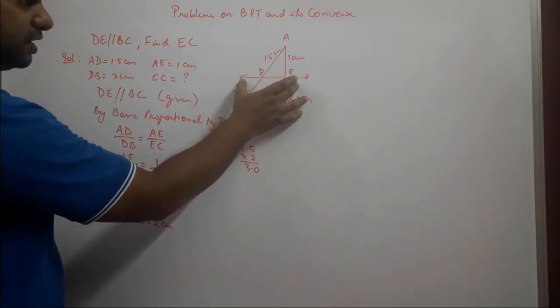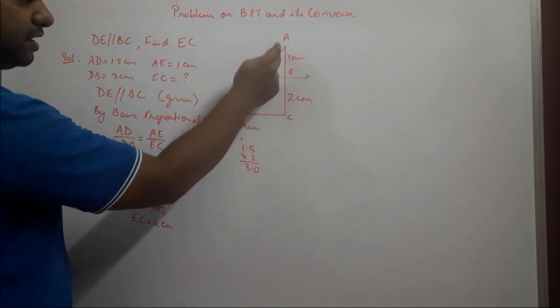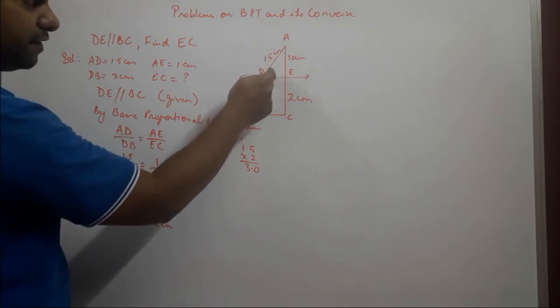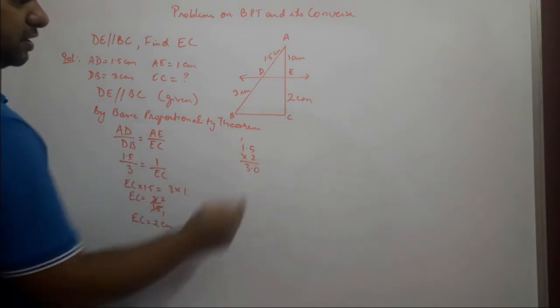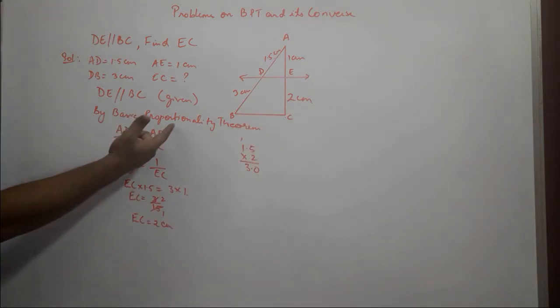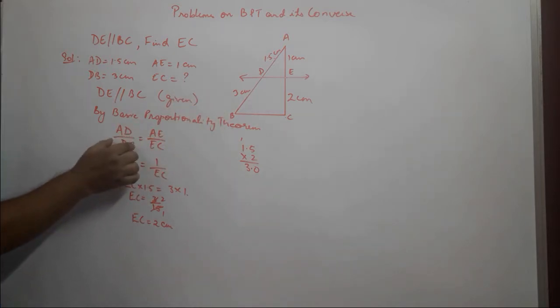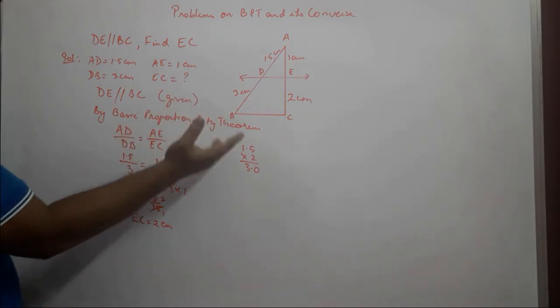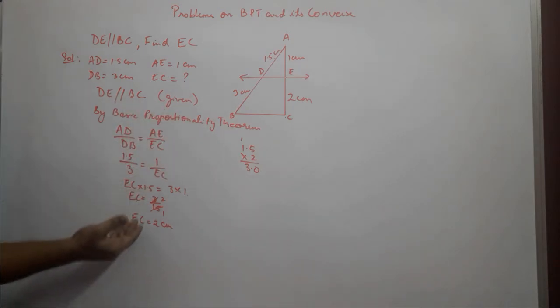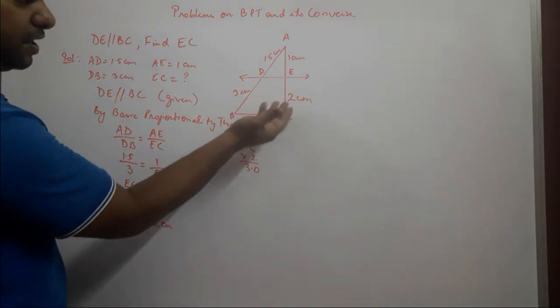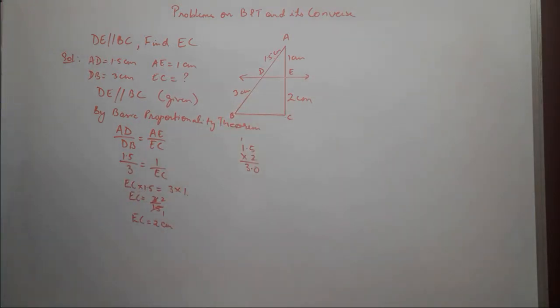So when we know that DE is parallel to BC and that line DE is dividing the sides into ratios, we can use the basic proportionality theorem to get the corresponding sides into ratios equal to each other. And applying the theorem, we could obtain the length of EC. Easy? It's not difficult at all.